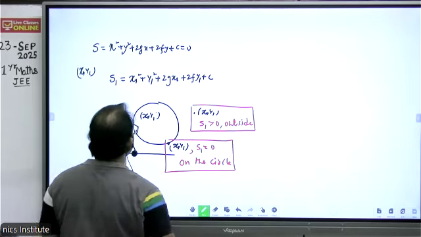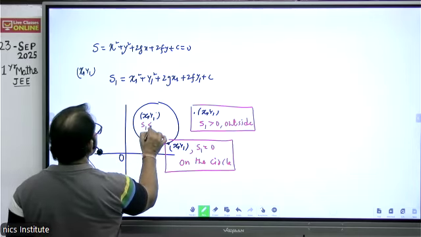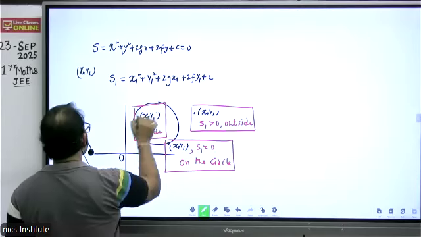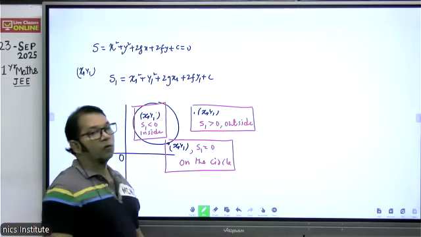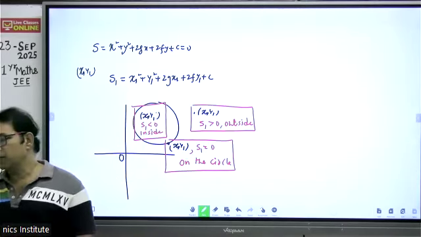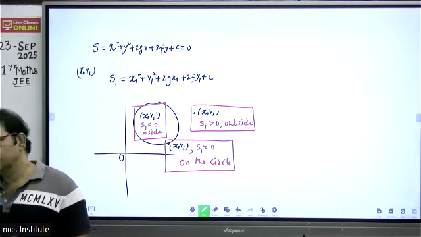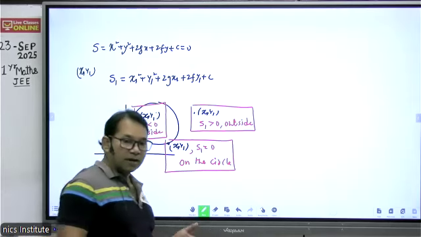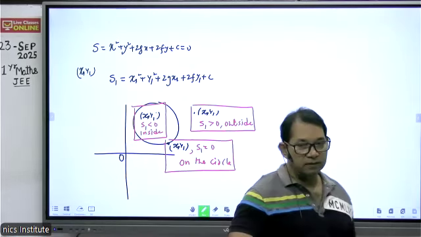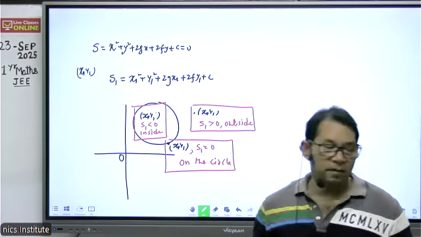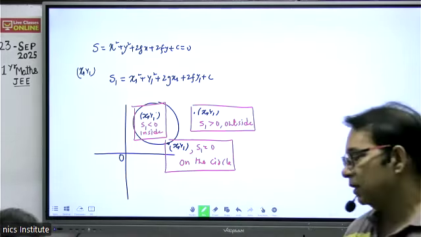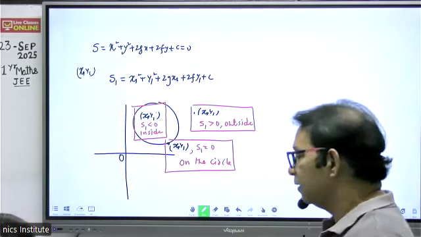If S1 is negative, less than 0, it is inside. This result will hold true for all conic sections except hyperbola. In hyperbola, the result would be reversed. Hyperbola में result उल्टा हो जाएगा, बाकी parabola, ellipse and circle same result. Circle में भी S1 more than 0 outside, S1 equal to 0 on the boundary of the circle, S1 less than 0, it's inside.